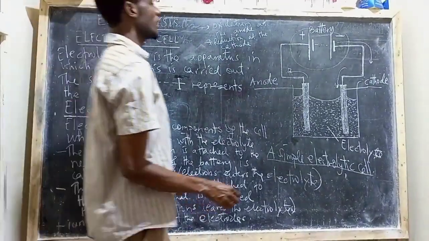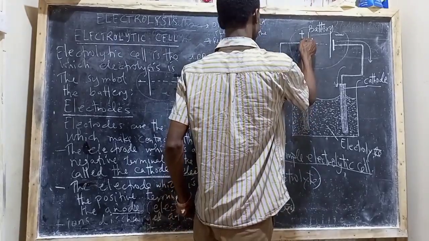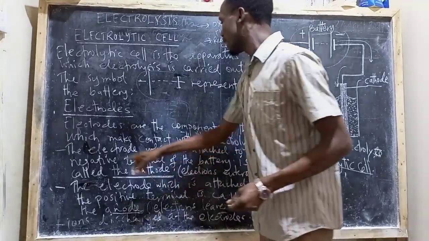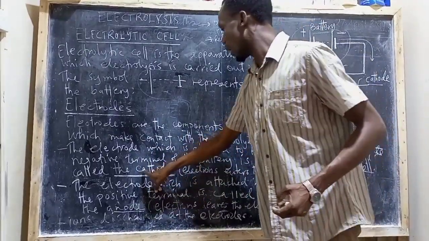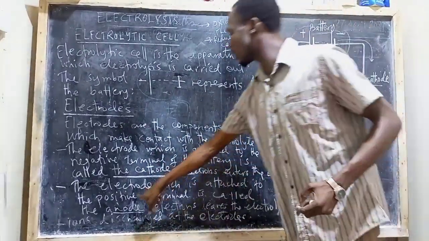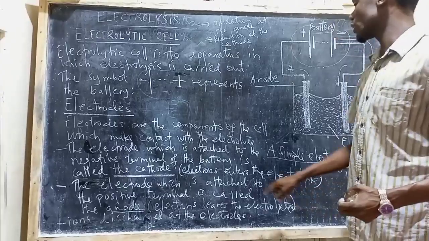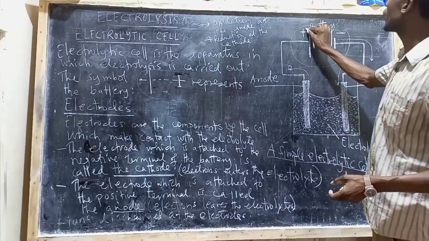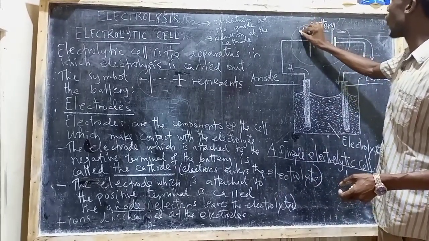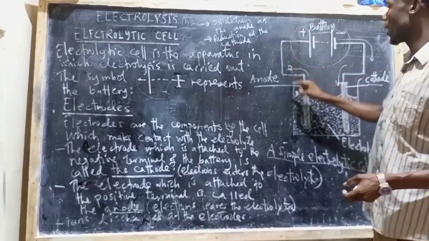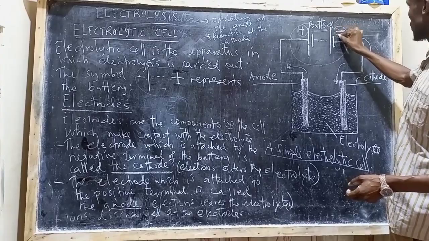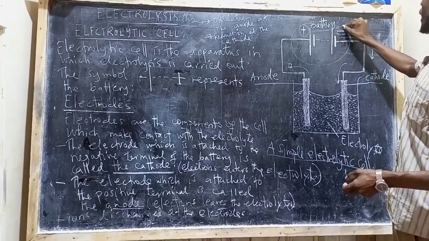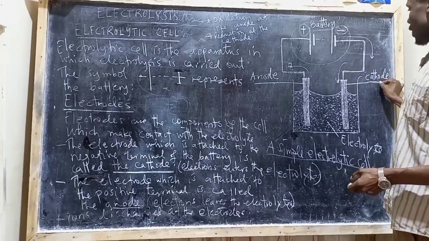The anode is the one connected to the positive terminal of the battery, and the cathode is the one attached to the negative terminal of the battery.